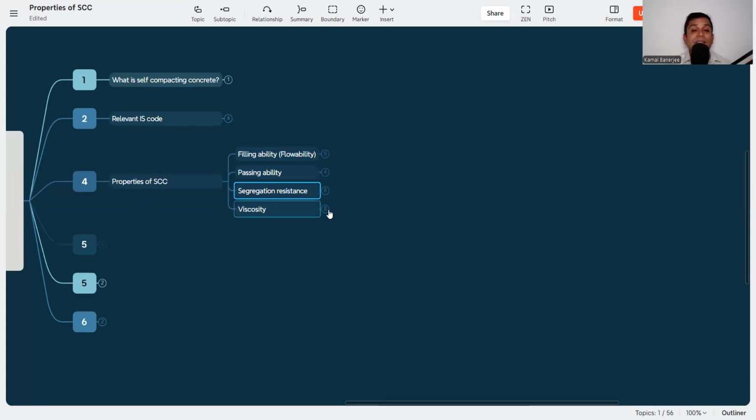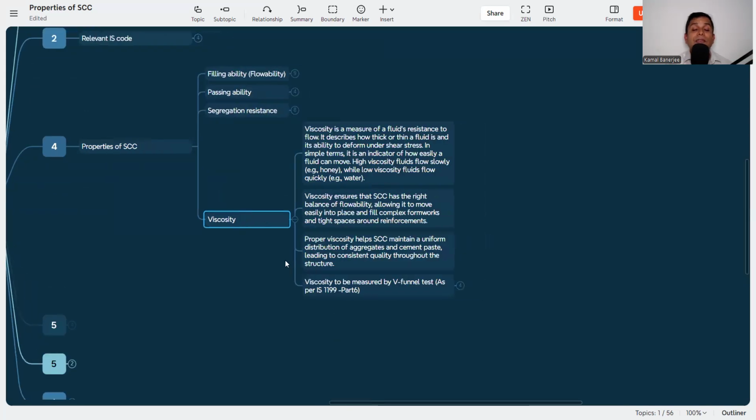And then viscosity is very important for self-compacting concrete. If it is not viscous, it will not flow inside the formwork. So what is viscosity? Viscosity is a measure of a fluid's resistance to flow. It is the internal resistance of the fluid to flow. It describes how thick or thin a fluid is and its ability to deform under shear stress.